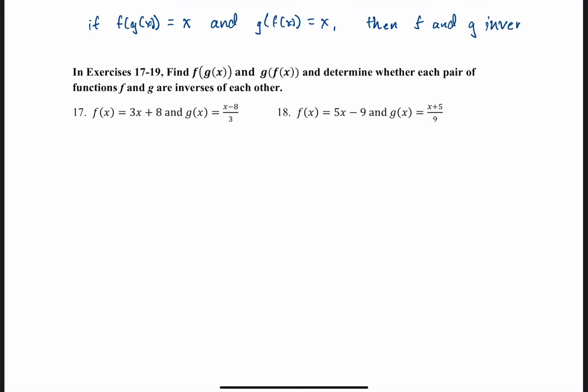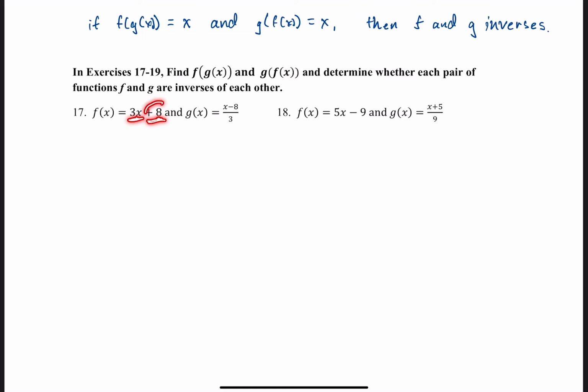This could be thought of fairly intuitively, though, as just asking whether the operations are opposite and in opposite order. That is to say, if you look at f, you can see 3x plus 8. Are the operations for g taking place in opposite order, and are they opposite operations? Notice here we first multiply by 3, then add 8. So we want to check whether we go in the other order.